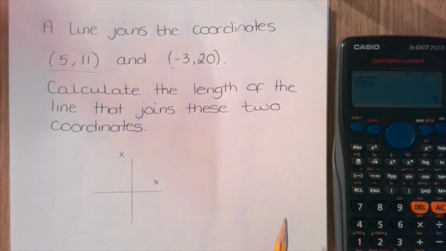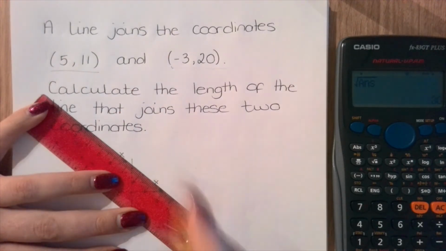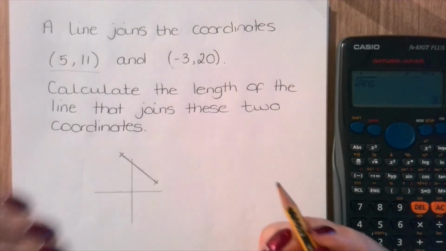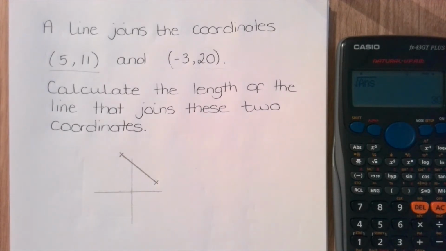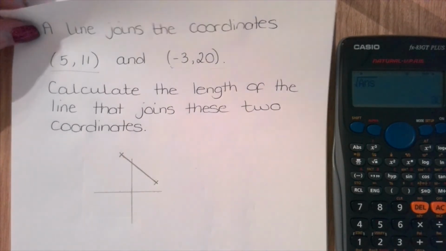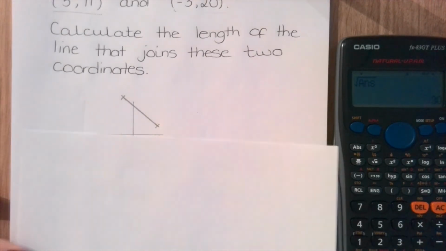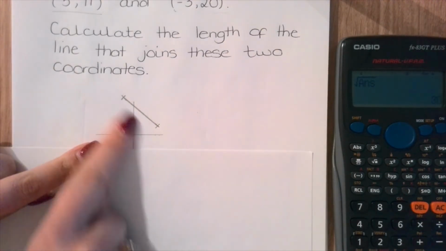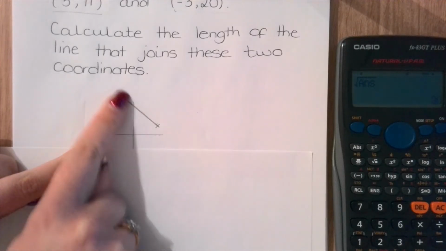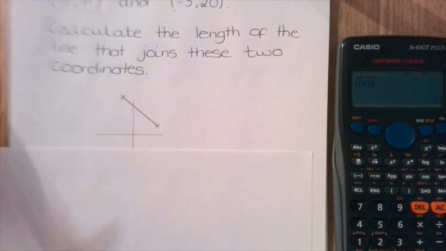So that's just a visual as to what this is going to look like, and that is the line that joins them. What I'm going to do now is actually draw this so it looks a bit more like a triangle. I can see here I've got 2 points and the line that joins them.